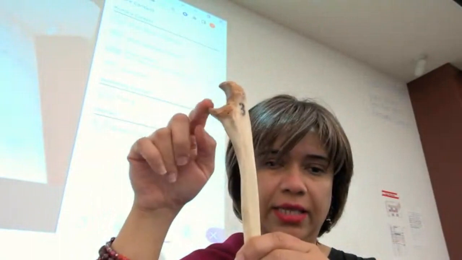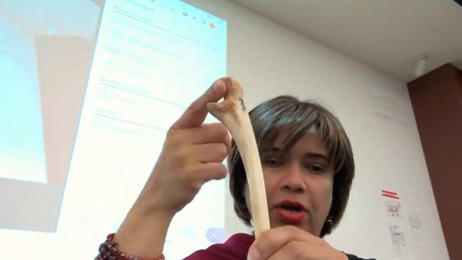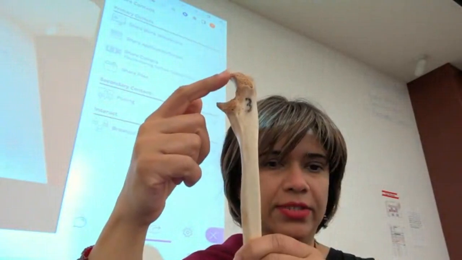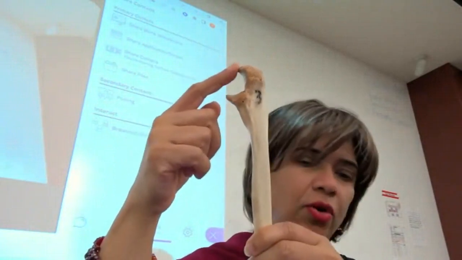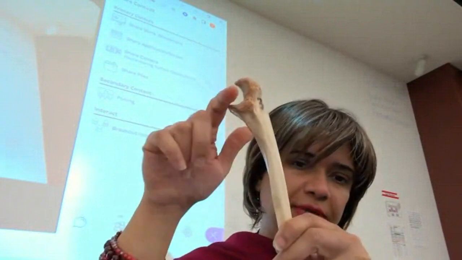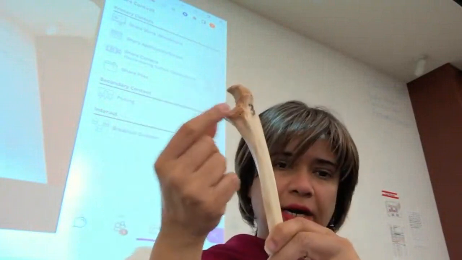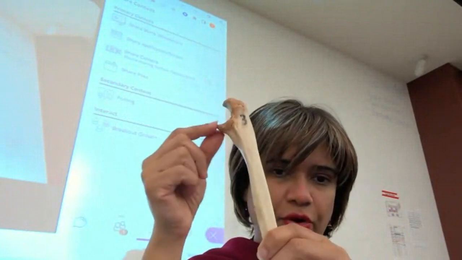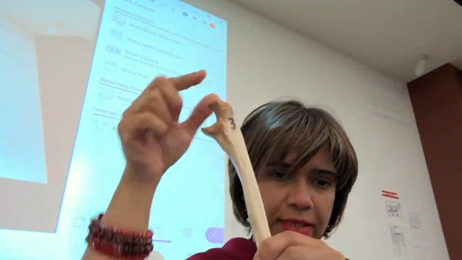So this right here is your ulnar notch. And look at it. It looks like a little wrench, and it also has a U in here, right? U shape, that is why it's called ulna. This part that you are looking at, that is your coronoid process.